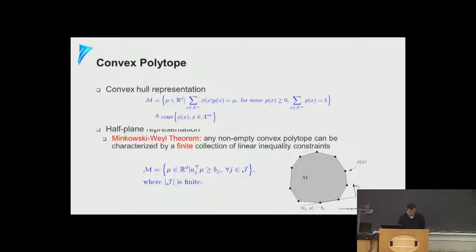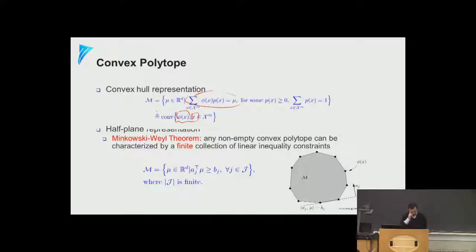Here I'm using a discrete case to make the definition even more explicit, and that gives you a more explicit picture of how the convex hull looks. The extreme points are basically phi of x, with x equal to each configuration.